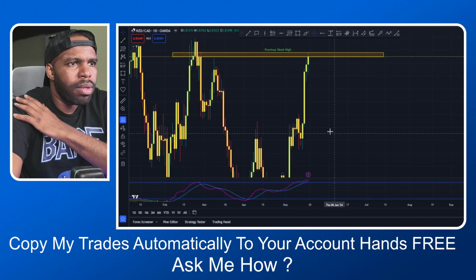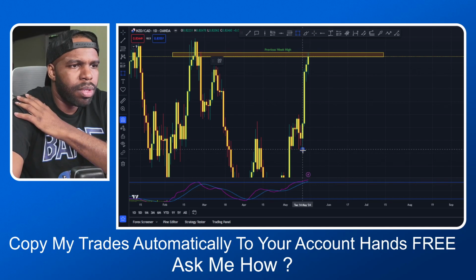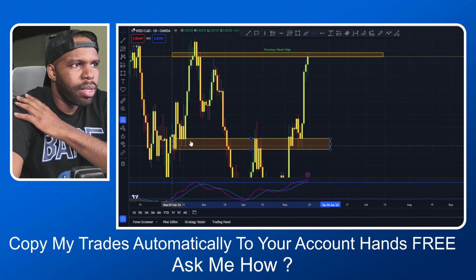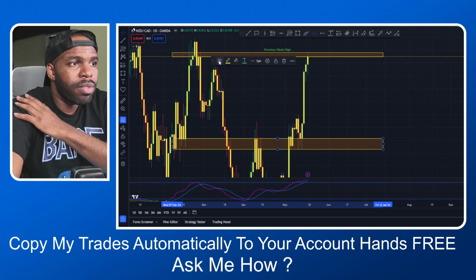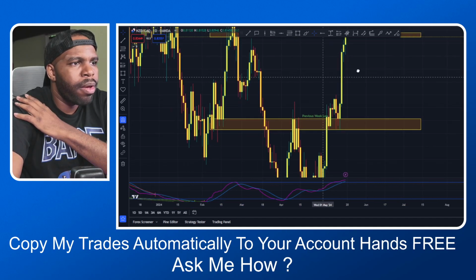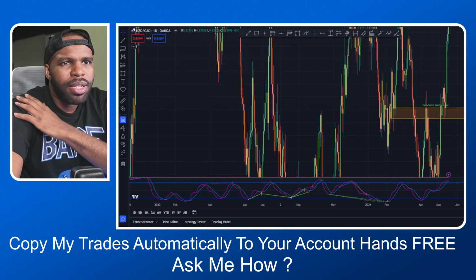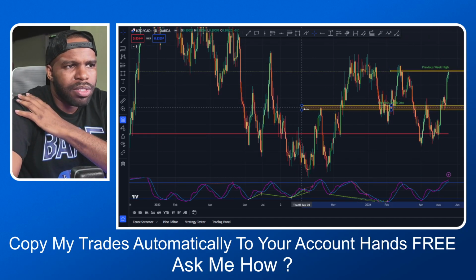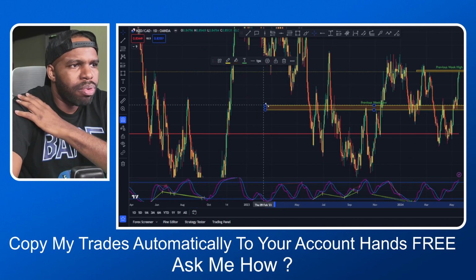And then what I like to do too is draw my previous weekly low. This is going to be the low right here. And then we'll just drag it like that. Okay, that's my previous weekly low. And what I also like to do is drag this zone to see if there's any rejections or resistance or support along this area.